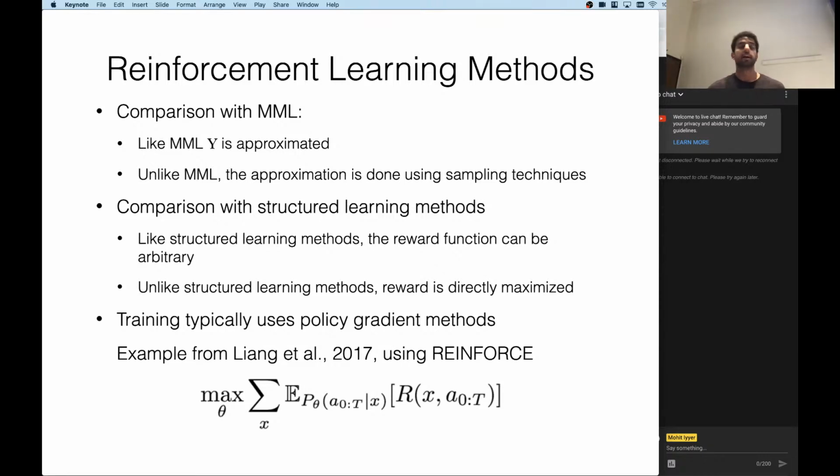So maybe a logical form that you sample will get some partial credit if it has some overlap somehow with the question or with the answer, but you can only go so far with these kinds of methods. So it's very related to structured learning, but you're trying to directly maximize this reward, so the reward design is a huge factor, and it's kind of hard to get that to work.